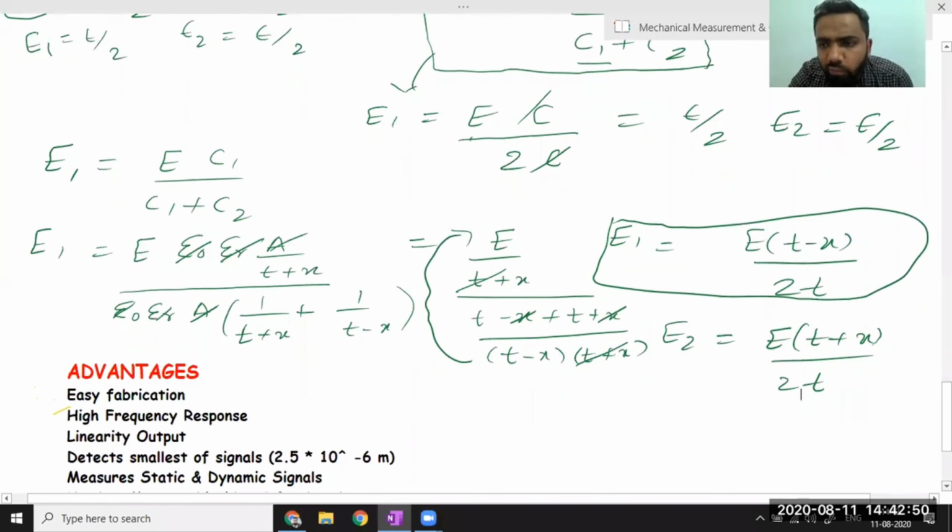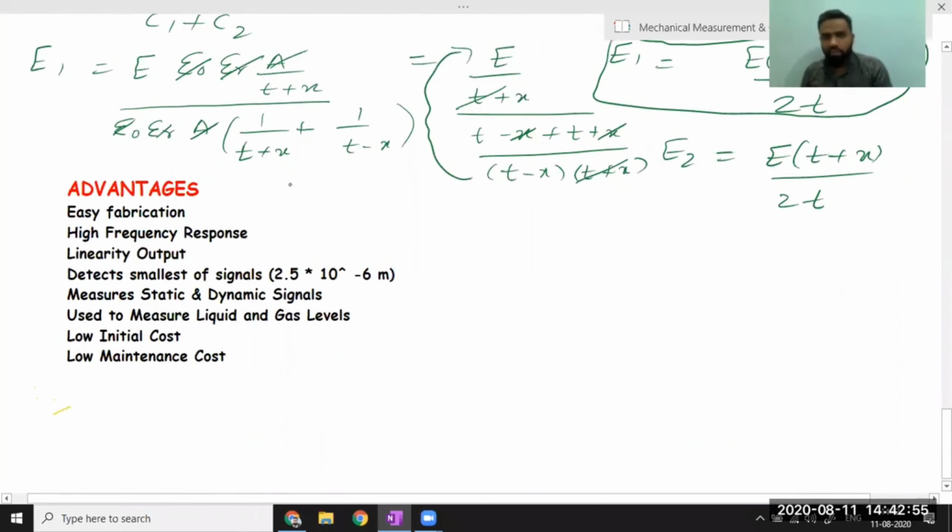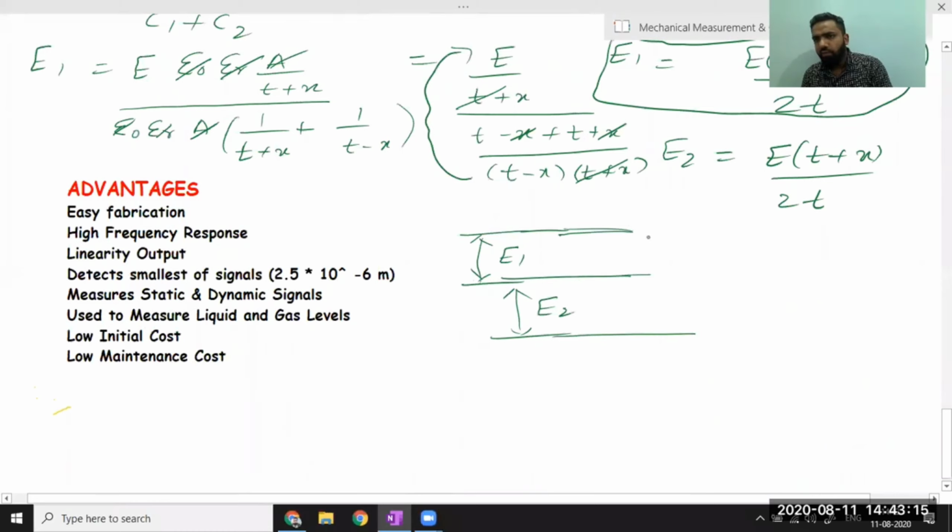Now, why do we call this system differential? I will let you know. These two plates have an EMF or voltage equal to E1, and another plate pair has a voltage across it equal to E2. We will feed the voltage across these two plates and the voltage across these two plates into some kind of system, which is called a differential system.